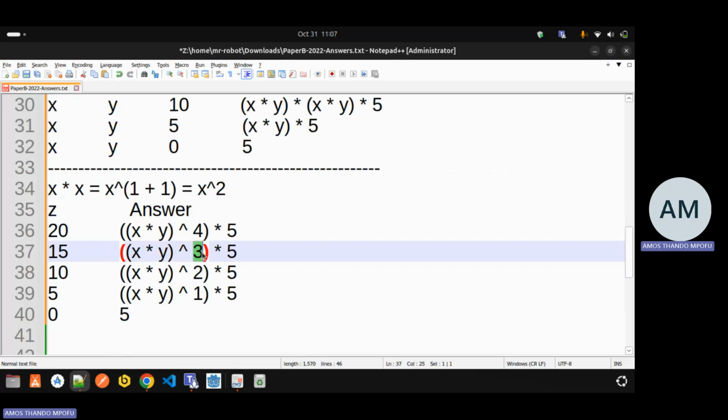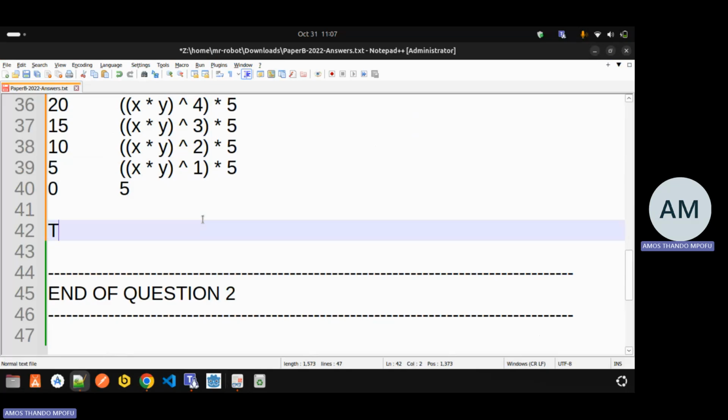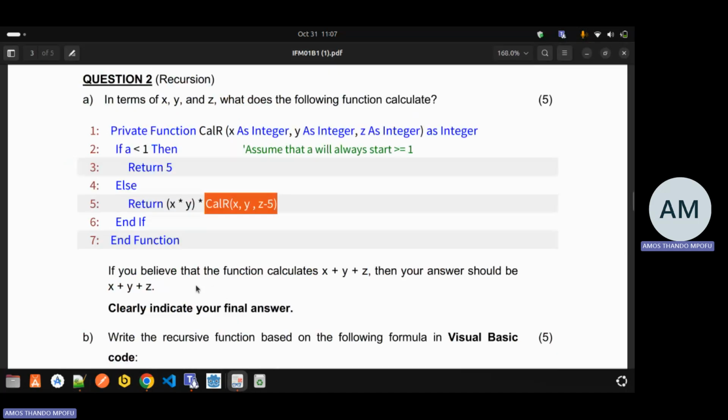You can give it to a grade 9 and they'll figure it out fast. It's 15 divided by 5. So that means z is being divided by 5. So to find the exponent, we are dividing z by 5. So if you remember in maths, T of n, or that final answer, the actual formula is like that.